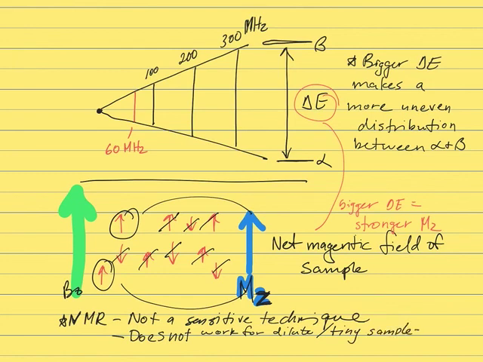So you need to make sure you have a decent amount of sample in your NMR tube, and it can't be a really dilute sample, because then you're simply not going to have enough to detect, because you're relying on a very subtle difference in the population of spins between alpha and beta to create this detectable M sub Z magnetic field.